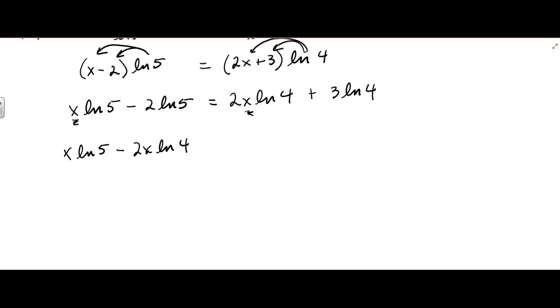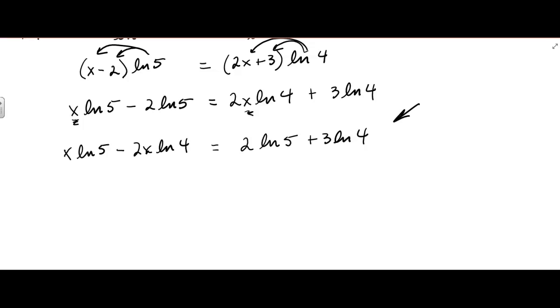Okay? And then I'm going to put the other terms so they're all on the right. So I'm going to have, I don't know which one you want to write first, but 2 natural log 5 plus 3 natural log 4. These are just numbers on the right-hand side. You put it in a calculator and get an approximation. Okay. We're not going to do that right now, but okay.